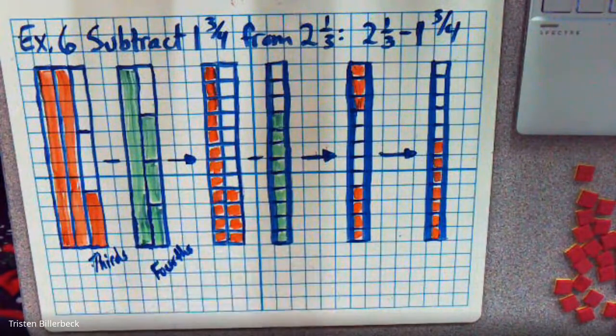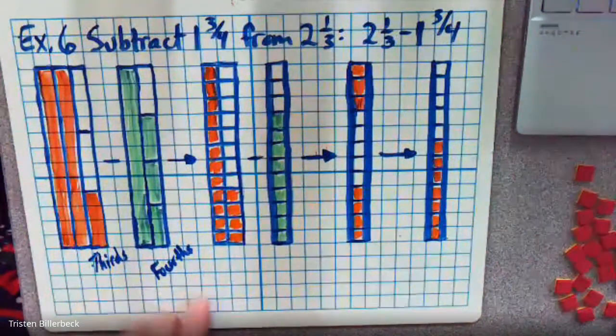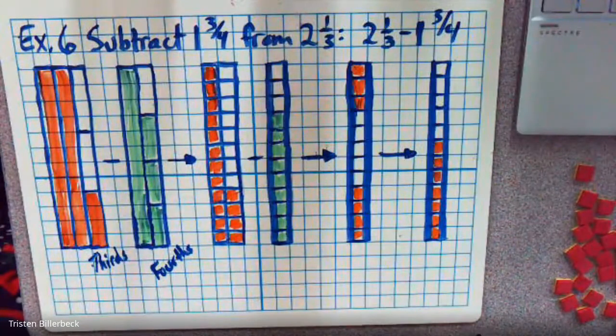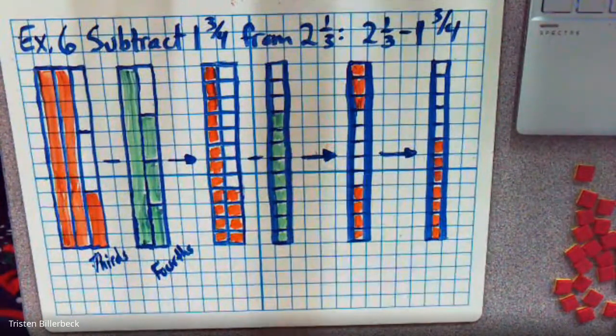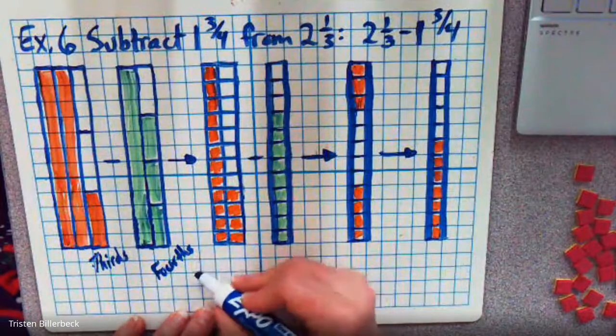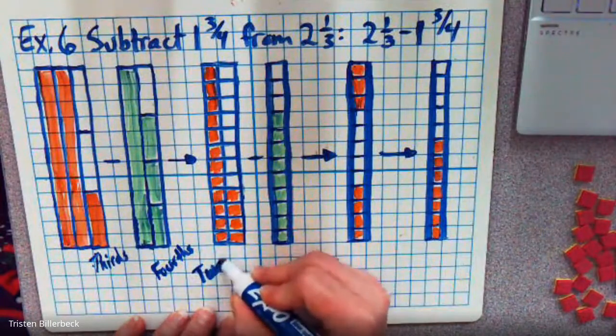That's fourths. All right, so we have thirds and fourths. Well, that's hardly the same name, don't you think? So we have to get the same name. So I think 12s might be the better name for them. So let's do that, 12s.